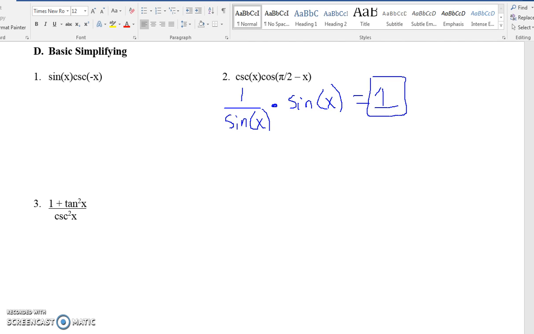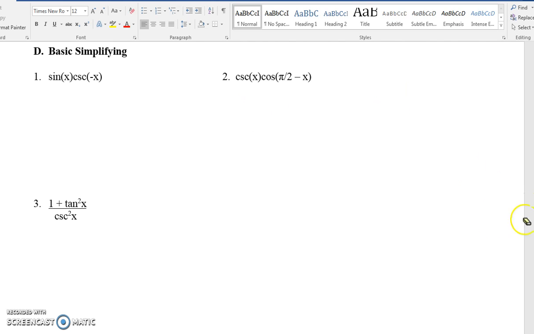Again, they won't always get us to that nice number answer, but that's a nice one to look at right now. Okay, I'm going to erase that and look at my third example. So we have 1 plus tangent squared all divided by cosecant squared. This one will be potentially a little bit more difficult.